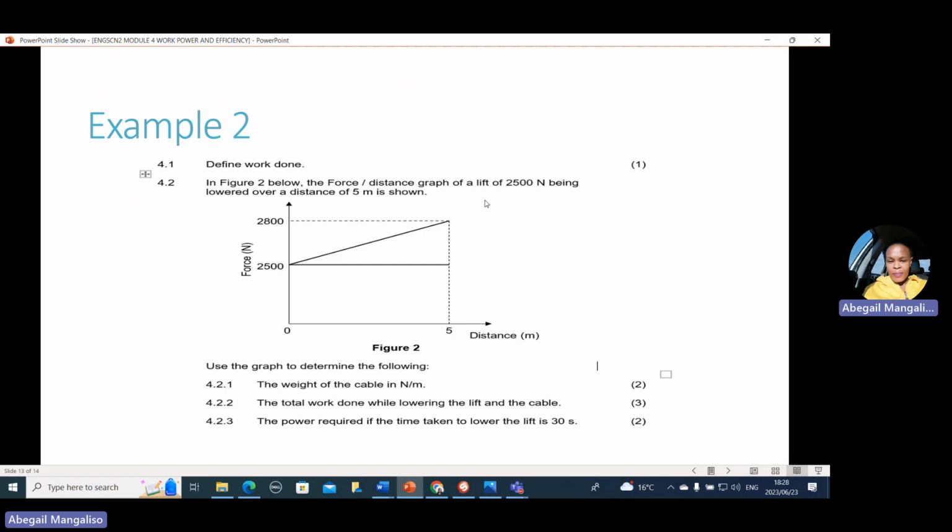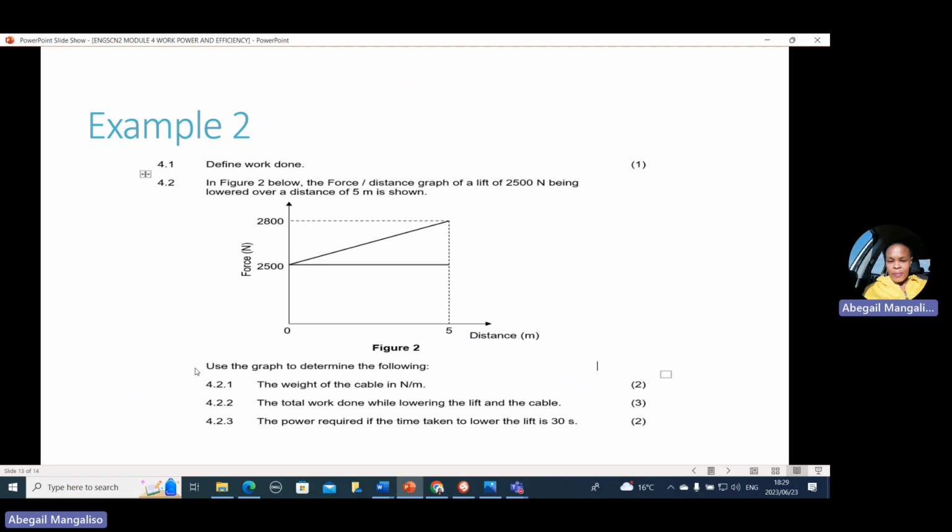A lift won't change its weight at any position. So there is the graph for the lift, 2,500, being lowered over a distance of 5. So this is the distance of 5. Since it is lowered, the cable is starting from 0 and the cable is getting longer.